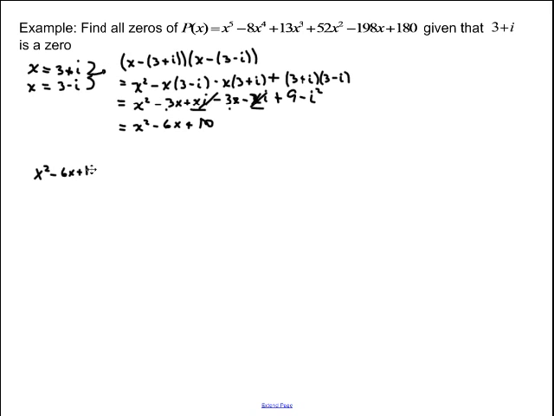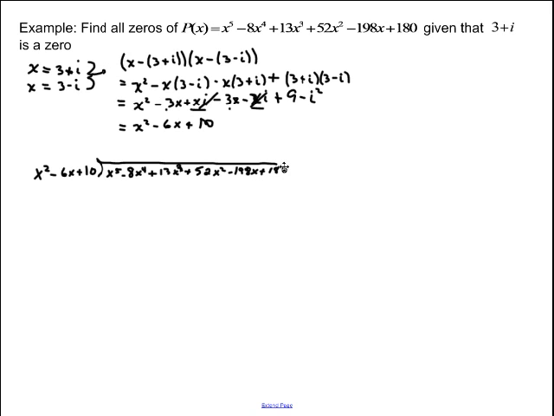So that's going to go into x to the fifth minus 8x to the fourth plus 13x cubed, pardon me, that's a cube here, plus 52x squared minus 198x plus 180.